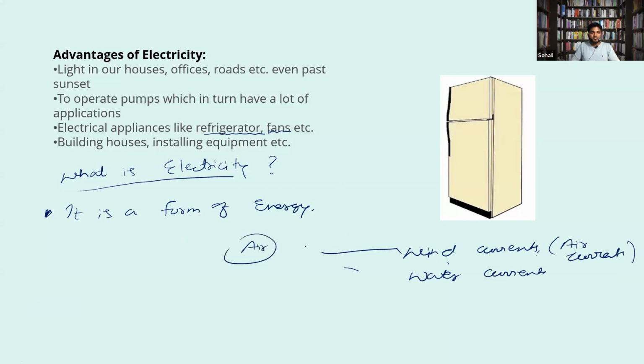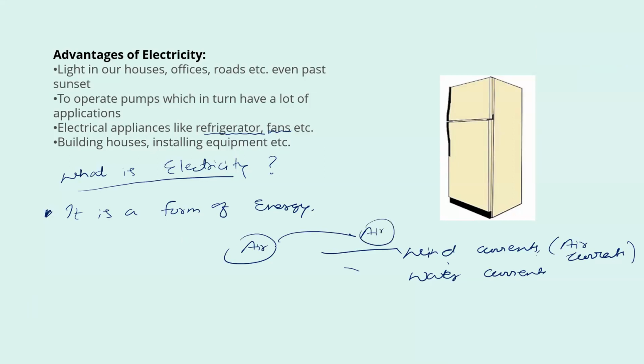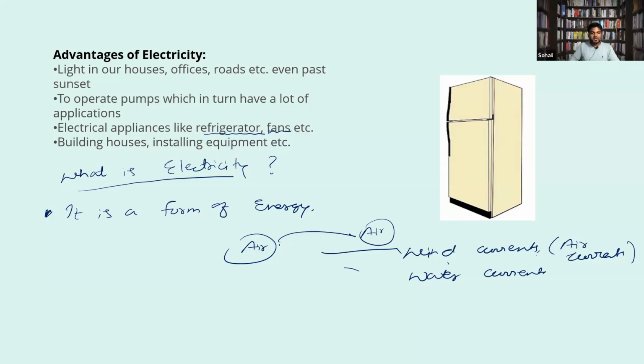Basically, air moves from one place to another. So the particles of the air move. If you talk about currents in water, there is movement of water molecules from one place to another.